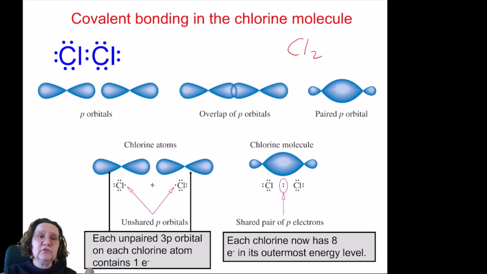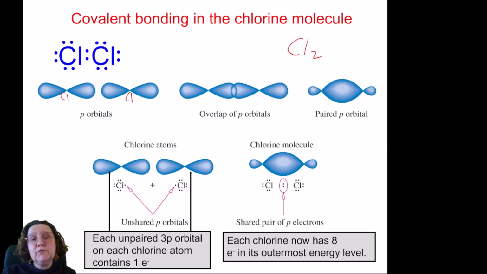And if you look at the first image on the left, that's signifying the p orbital from each chlorine atom. If you think of the chlorine atoms separated, when they get close enough together, then there will be an overlap of those p orbitals, and then they will form a different orbital.